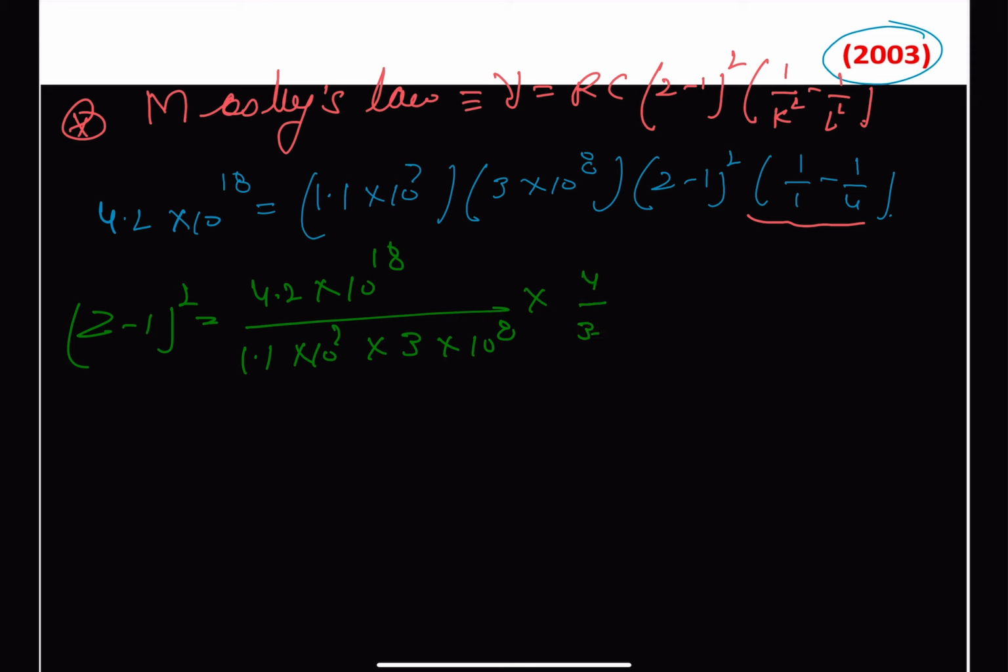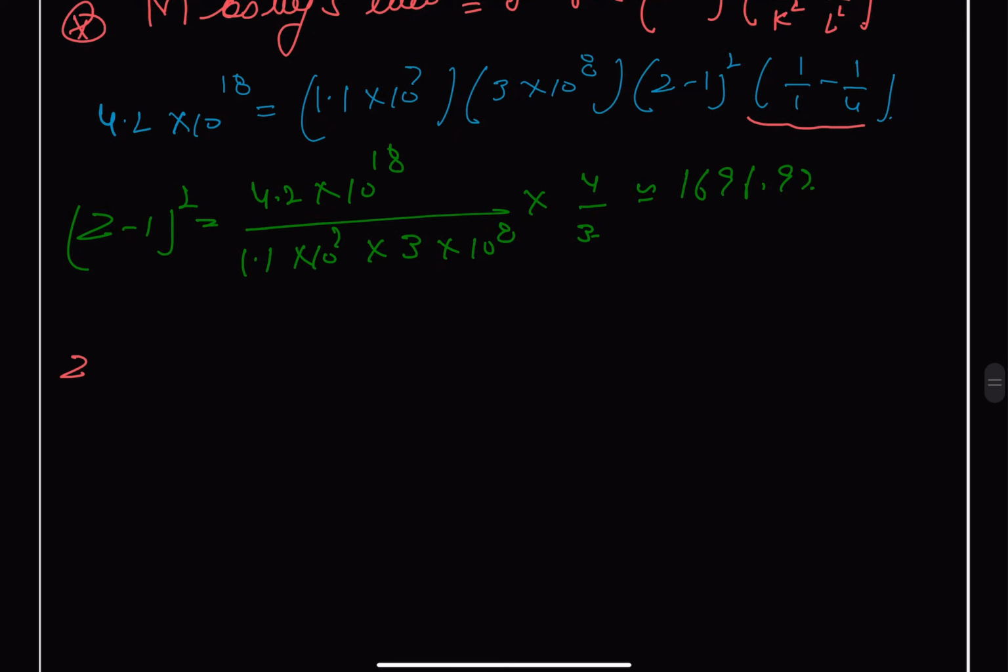So this will be approximately equal to 1696.97, and we get from here that our z minus 1 will be equal to the square root of 1696.97, approximately 41.2.